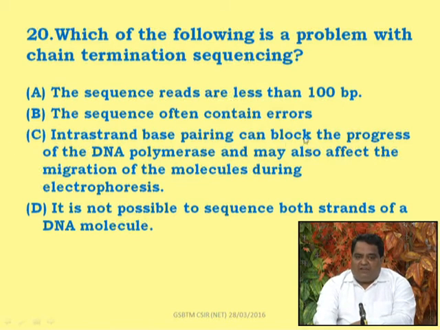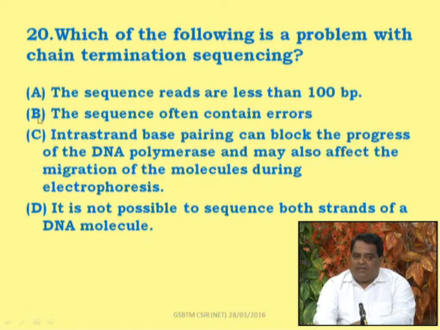Intra-strand base pairing can block the progress of the DNA polymerase and may also affect the migration of the molecules during electrophoresis. Yes, this problem can be encountered when the chain termination reaction is carried out.